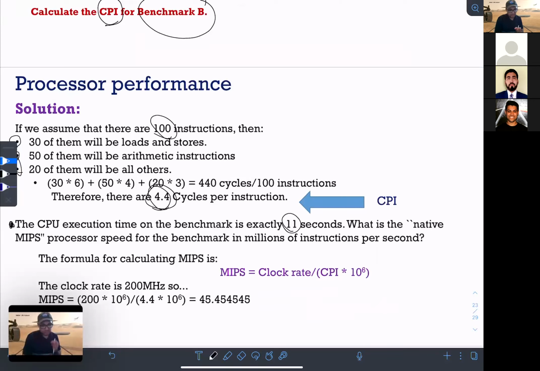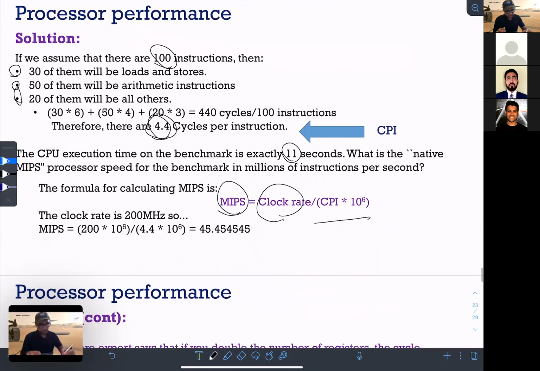It means that I need MIPS, right? You know what MIPS is, right? It's a metric. It's not MIPS the microprocessor. So basically, MIPS is clock rate divided by CPI times 10 to the power 6. In that case, I can put in my 200 megahertz and the value of 4.4, and do all of this.